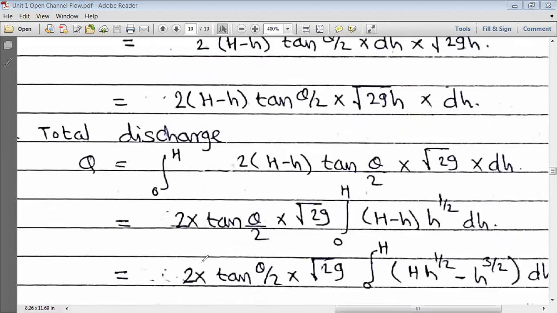What are they? 2 tan theta by 2 into 1 root of 2g. Integration between the limit 0 to h, capital H minus small h into h raised to 1/2 into dh. This is the integration here.